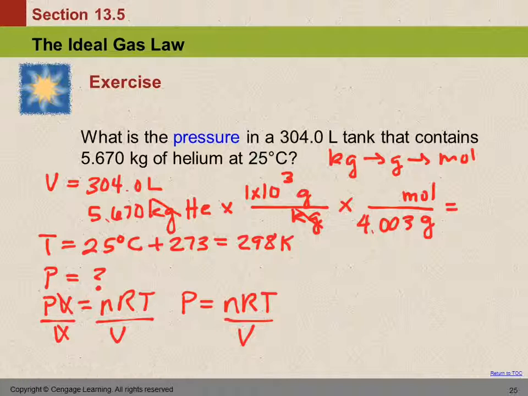So 5.670 times 10 to the third divided by 4.003 equals... The mass had 4 significant figures, so I'm going to keep at least 4 significant figures, which would be 1416 moles. That's a lot of moles. But 5.767 kilograms of helium is a lot of helium.